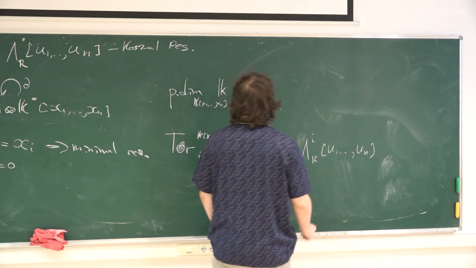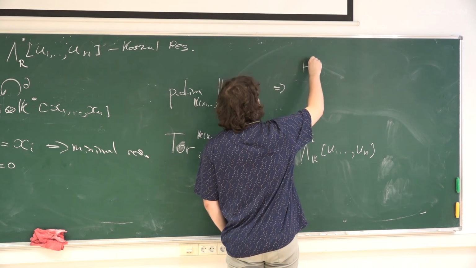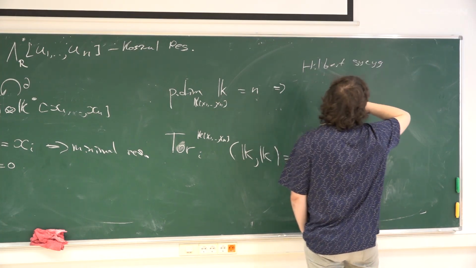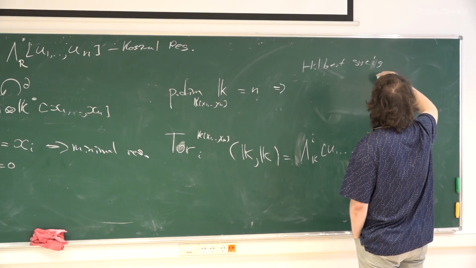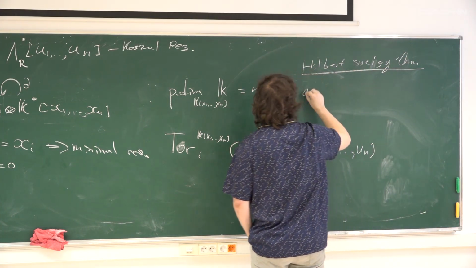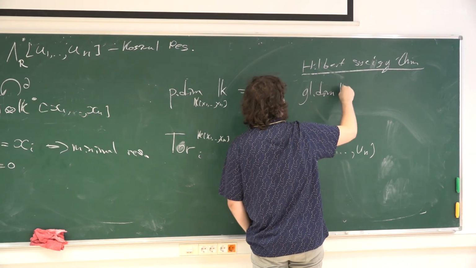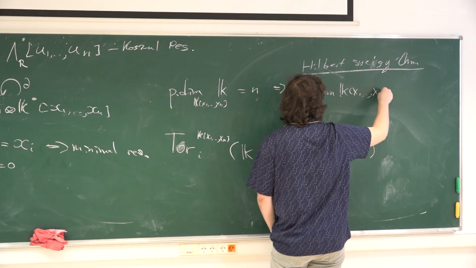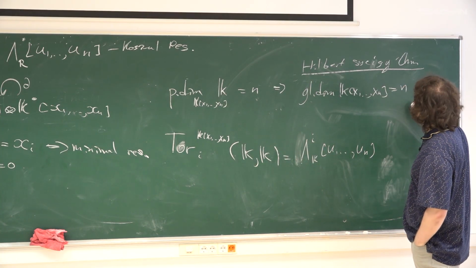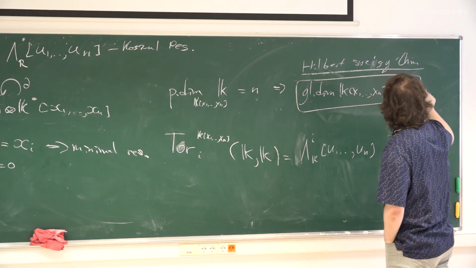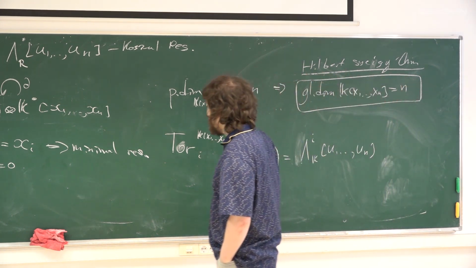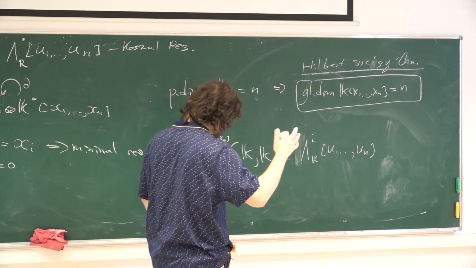And from this we can recover the Hilbert syzygy theorem, that the global dimension of the polynomial ring is n. So the projective dimension of any module is not greater than n, and for k it is exactly n.